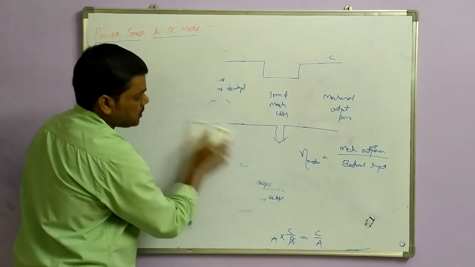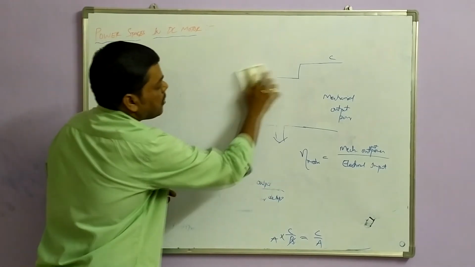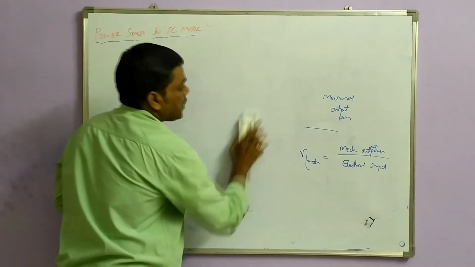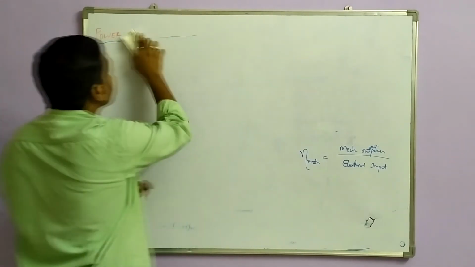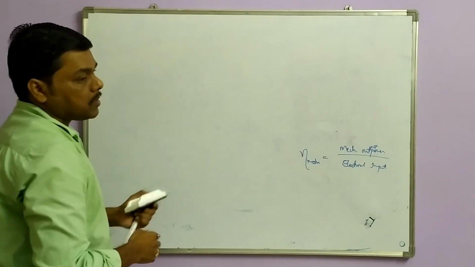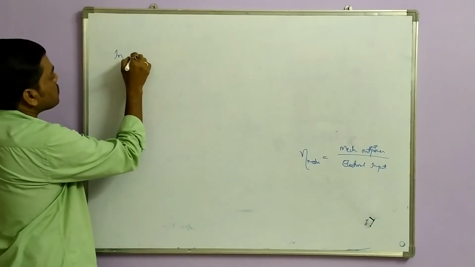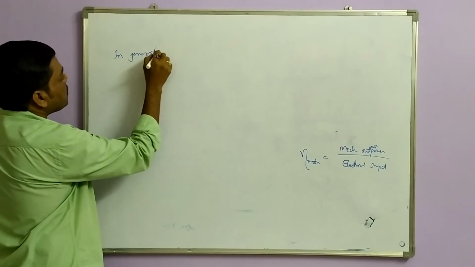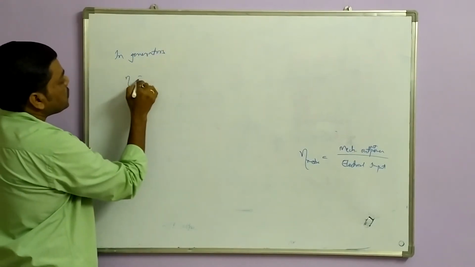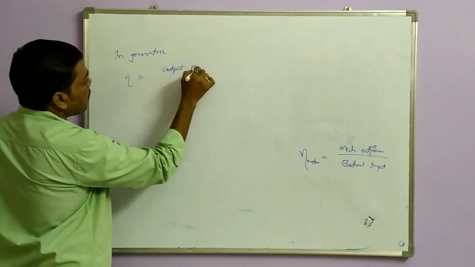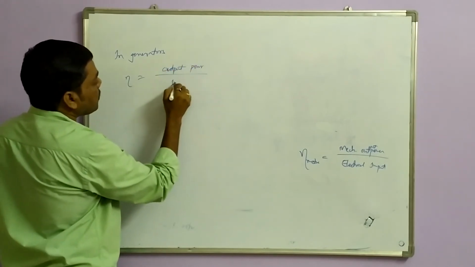Okay, now if you see the efficiency formula in terms of losses, we can observe here. Okay, first I am talking about generators. In generators, efficiency is equal to output power divided by input power.